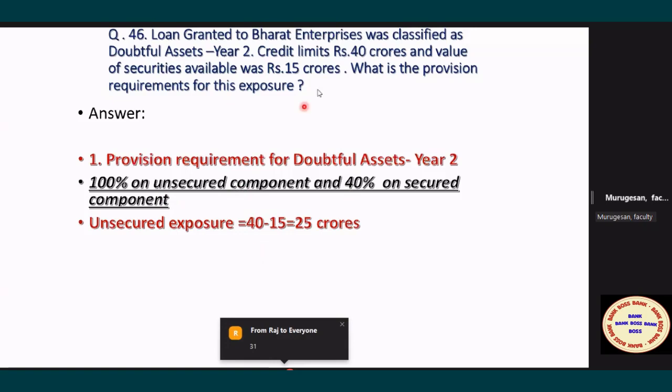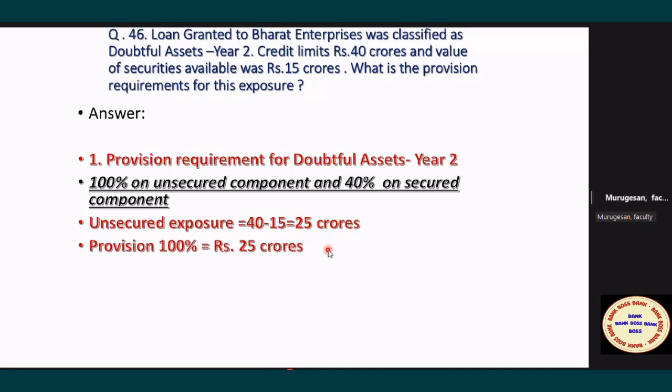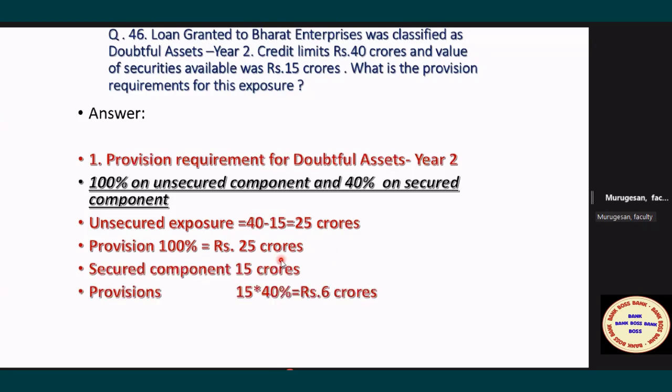Now how much is unsecured? The exposure is 40 crores. 15 crore is the prime security available. So 25 crores is unsecured, and on that 25 crore you provide 100%, so 25. Now the security available is 15, and on that you have to give provision at 40%. 40% of 15 is 6.